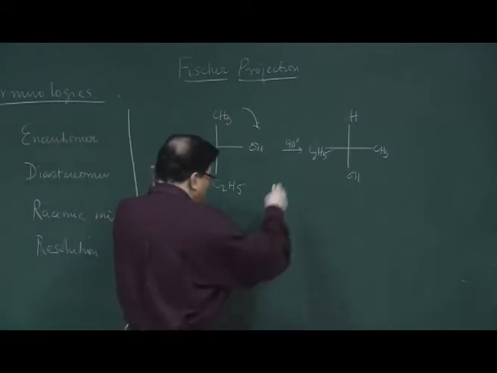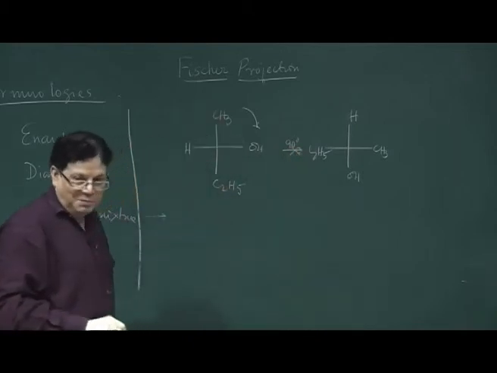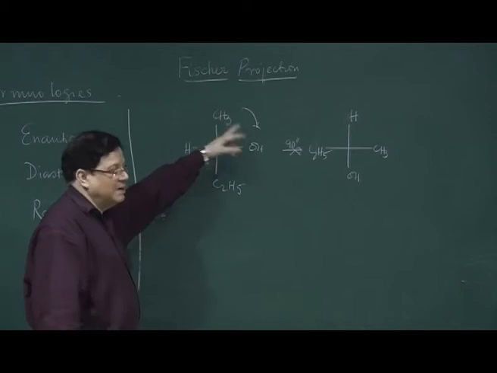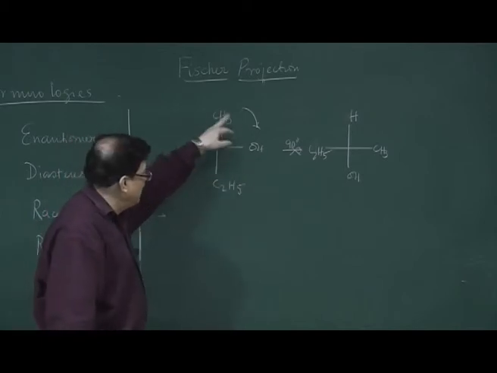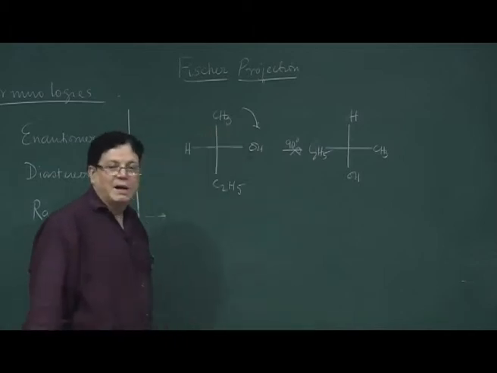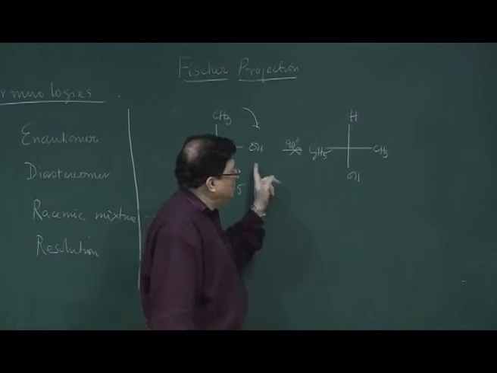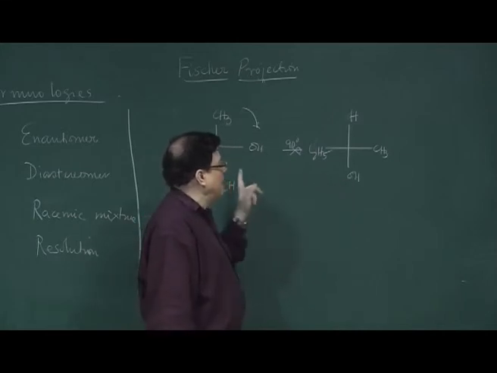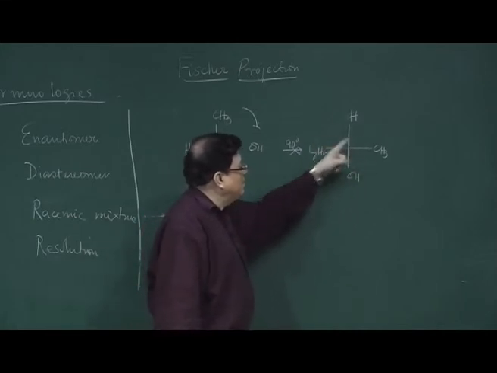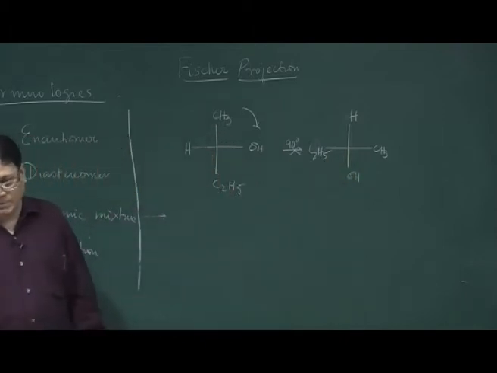What is the first rule? That you cannot rotate the Fischer projection formula by 90 degrees in plane. So, in plane, you are keeping this whole thing in plane and rotate it by 90 degrees. That is not possible. What actually, interestingly, you can try, is that this is becoming the mirror image of this one if you do this 90 degree rotation.